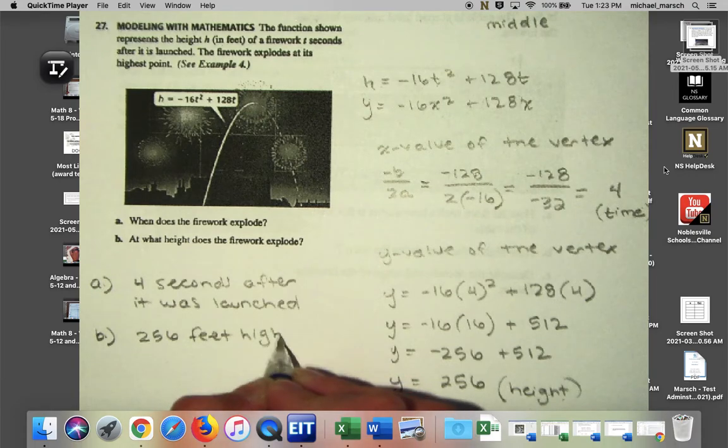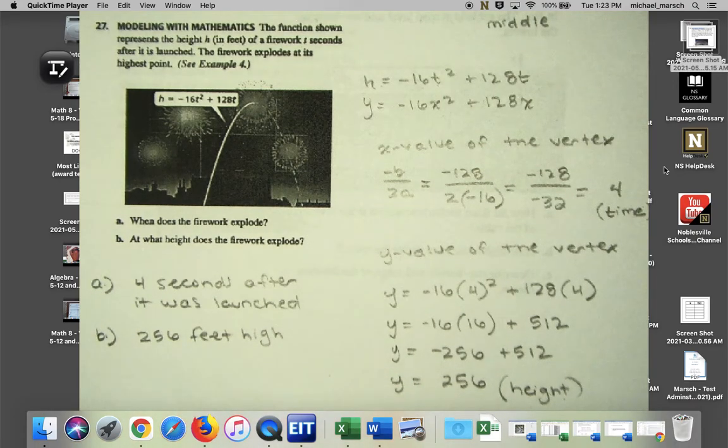Yep. Come on, it's not that bad. All right, let's pretend that it would continue going down, like finishing the parabola. How long would it take start to finish? 8 seconds, because it's 4 up and 4 down, right? So if that were a thing with fireworks, it would be 8 total seconds.